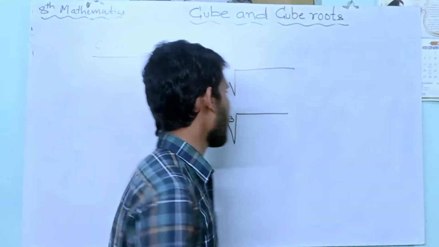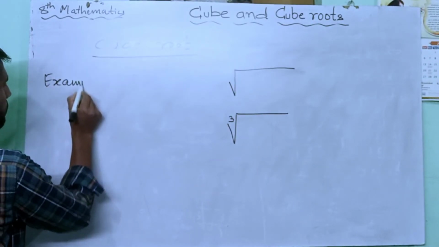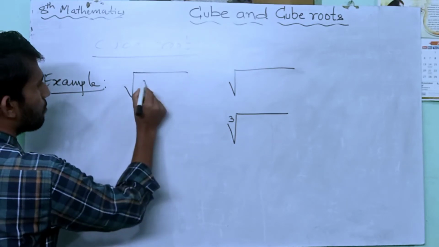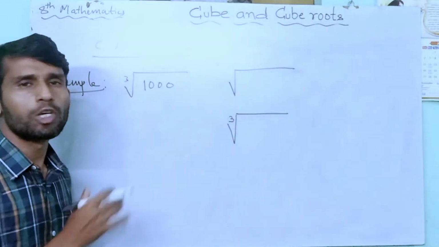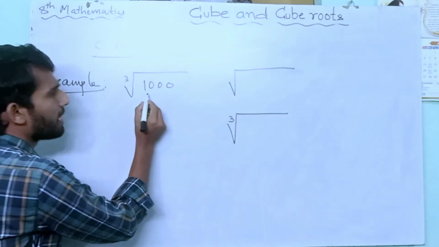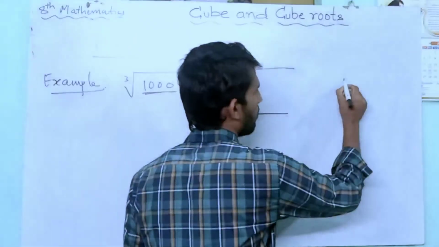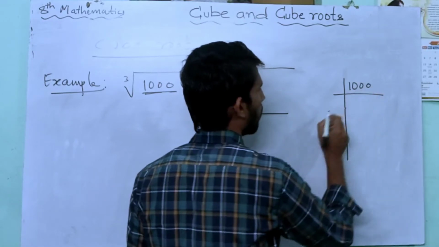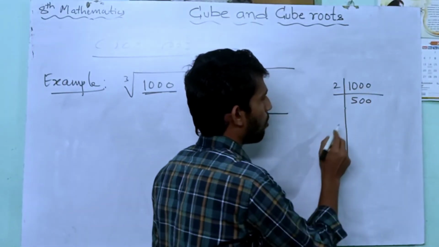Now I am taking an example. Now we have to find the cube root of 1000. This 1000 I am solving by the prime factorization method. Now 2 fives are 10, so 2 five hundreds are 1000.